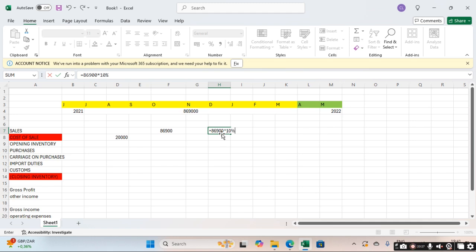So we want to find out what is the 10% of this amount. 10% of this amount is 8690.